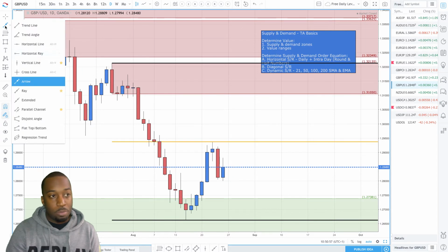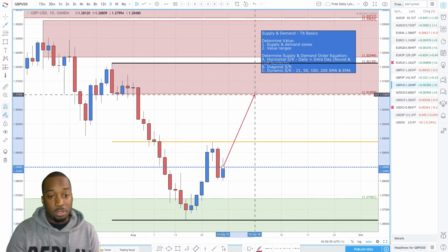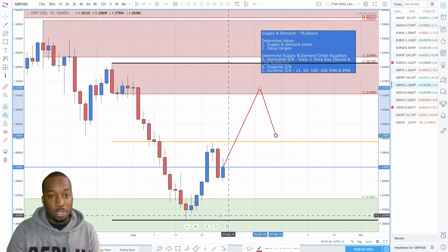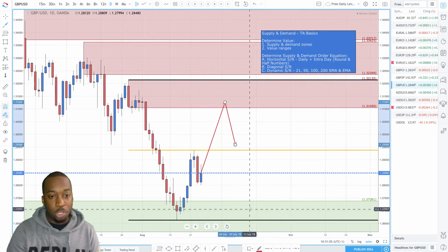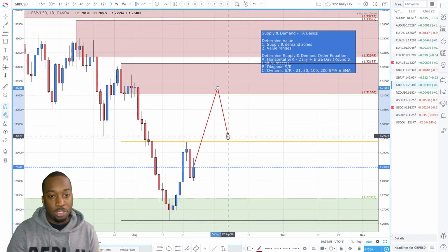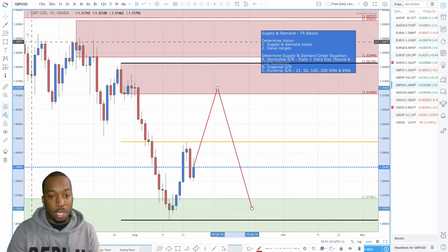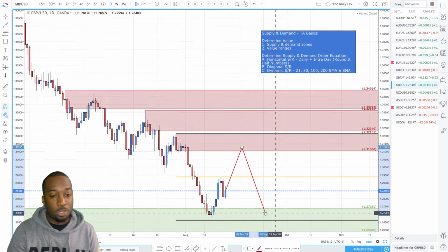So your first area really to look to get short at the moment is going to be this area here. If you're looking to buy the pound, right, because we could enter a range between that high and that low, it doesn't mean that prices are going to go lower.